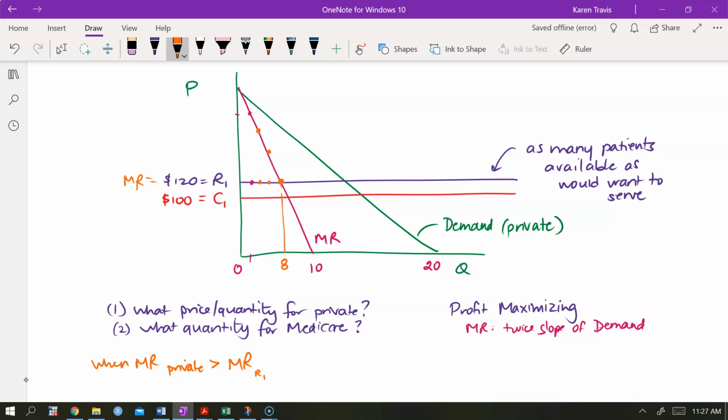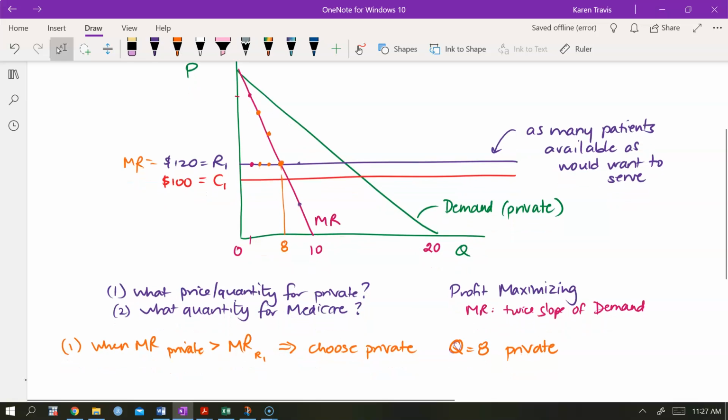So if marginal revenue private is bigger than marginal revenue from Medicare, then we would choose private. If you notice, on the very next patient right here, marginal revenue private has fallen below marginal revenue of Medicare. So we're going to choose quantity equals 8 for private. So that's what we're going to choose for quantity of private.